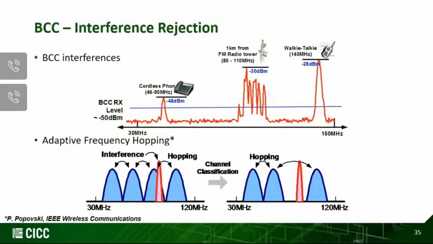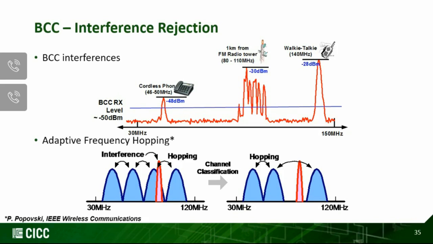Within the BCC frequency range of 30 MHz to 150, or say 120 MHz, unfortunately there are many interference sources ranging from walkie-talkies, FM radio stations, and cordless phones. Because the human body will work as an antenna as well, if you just let it be, these interference sources may interfere with the human body coupling, the communication itself.